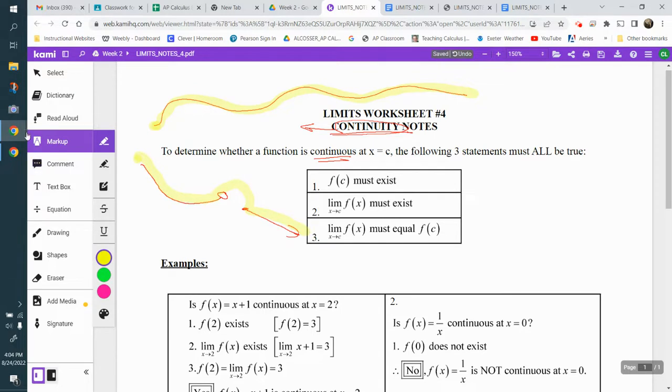So the next level of that, and there's three or four types of continuity, and we'll talk about them in class.